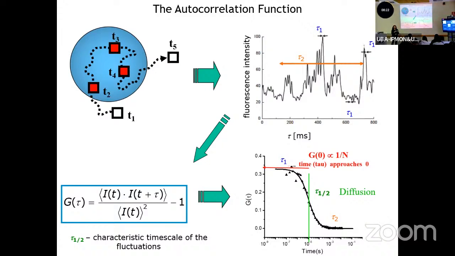Let's say that the GFP is in a different pH, or something happened to the GFP that changed the fluorescence intensity of that molecule. Certainly, the G of 0 in that case will tell you that there was a change in the environment. There was some sort of conformation change, something happened to the fluorophore photophysics, so you don't get the same concentration. Oh, okay. Yeah. Thank you. Yes.